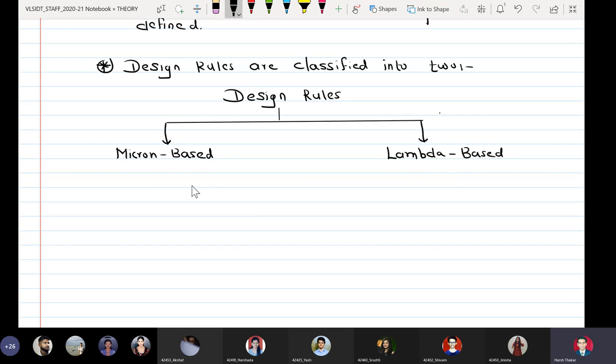They're also known as Micron rules or Lambda rules. So Micron-based rules are called as non-scalable rules, and Lambda-based rules are called as scalable rules.